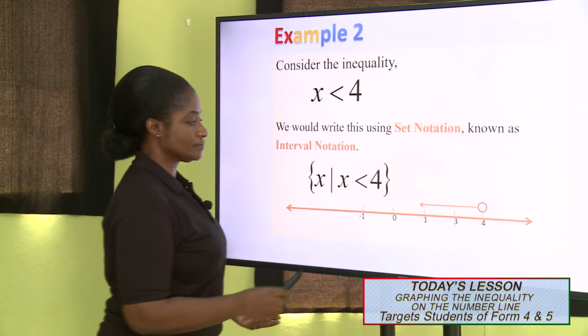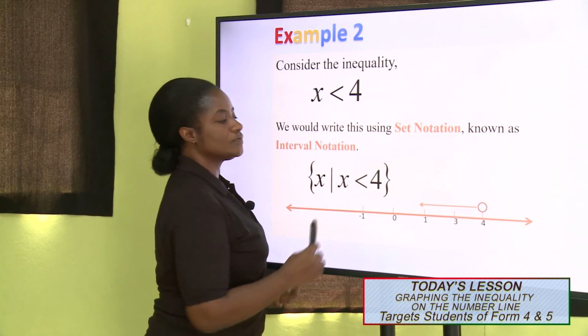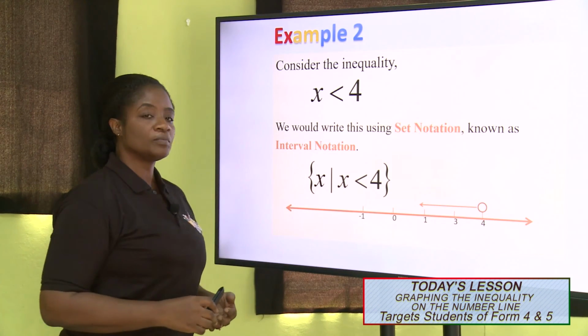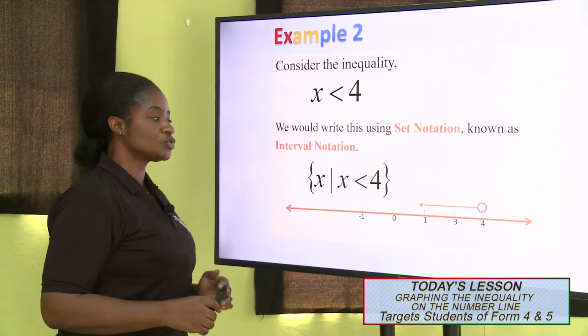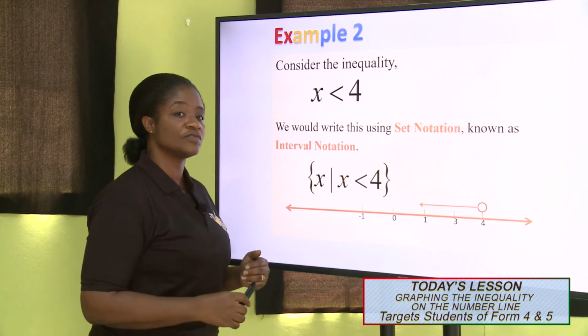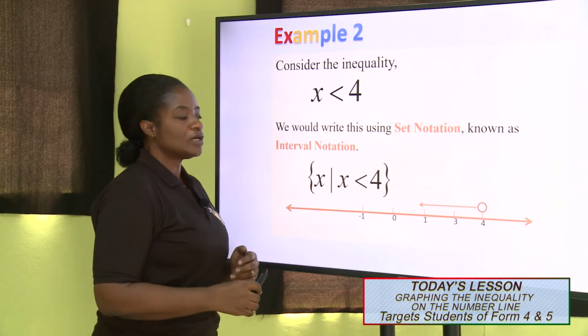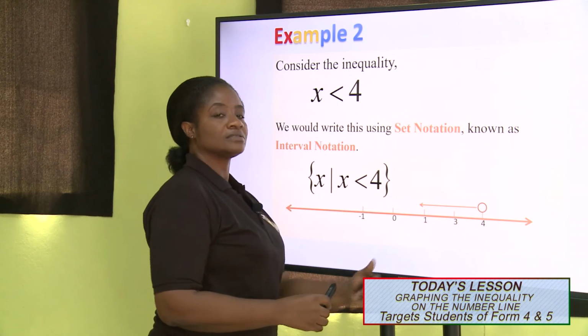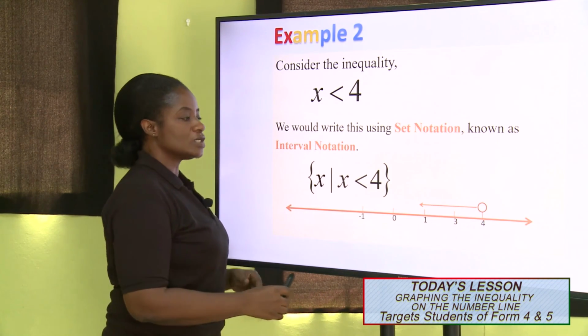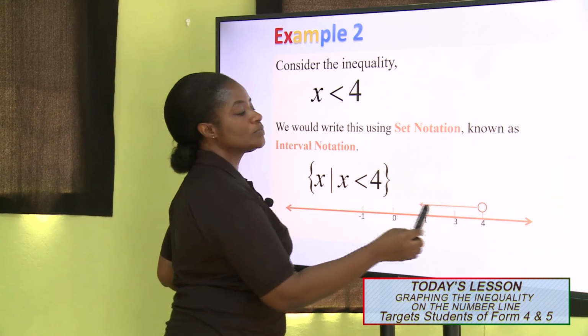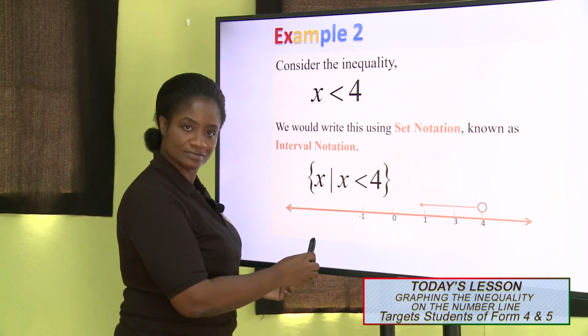We're not done. x is less than 4. It therefore means we need an arrow to show the direction of the range of values of x. The number line decreases to the left, and so my arrow would point to the left.